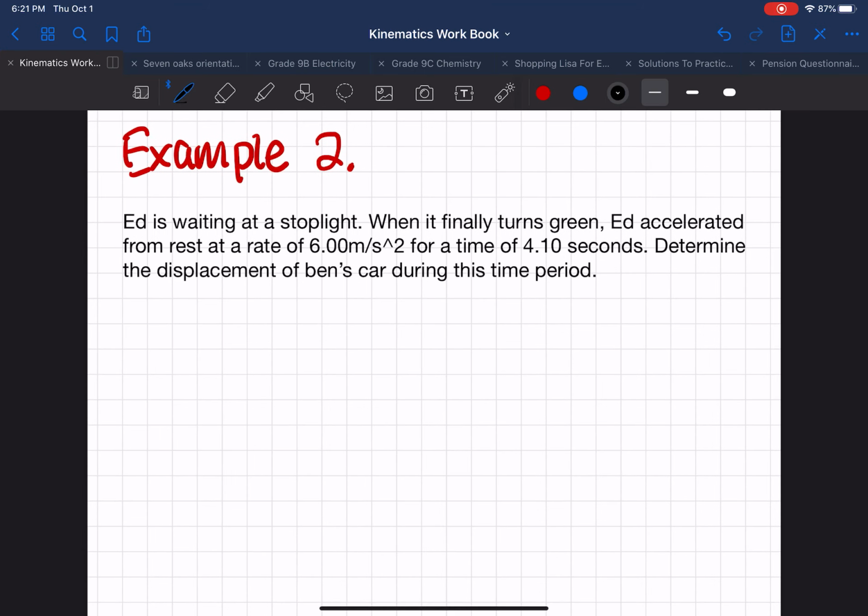Problem number 2: Ed is waiting at a stoplight. When it finally turns green, Ed accelerates from rest at a rate of 6 meters per second squared for a time of 4.1 seconds. Determine the displacement of Ed's car during this time period.